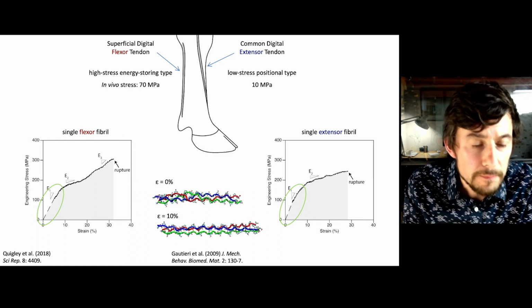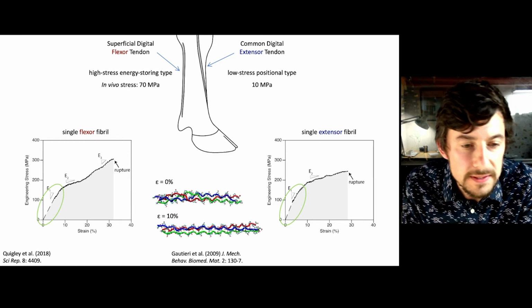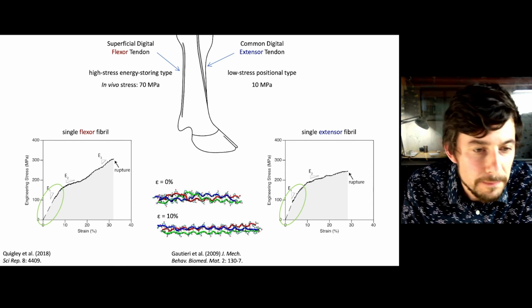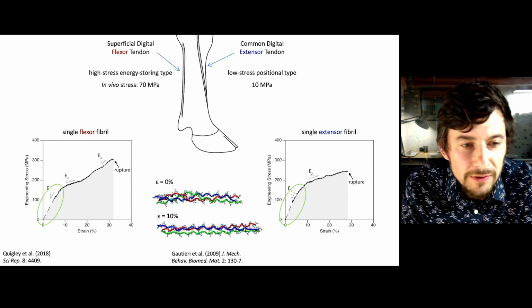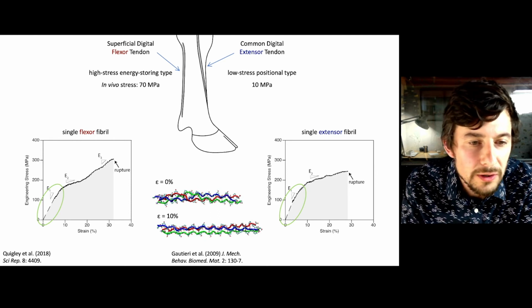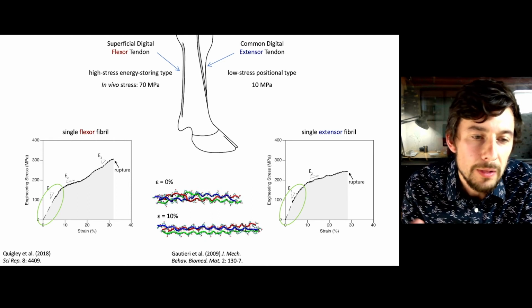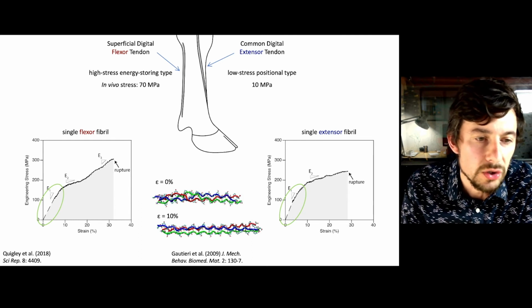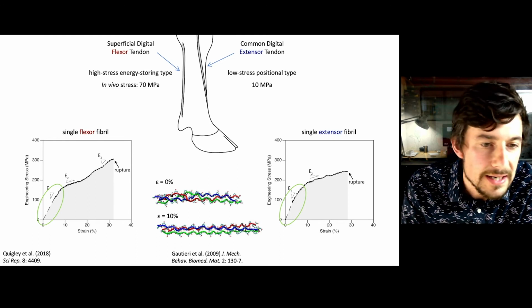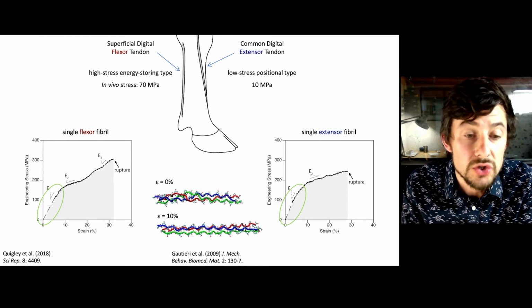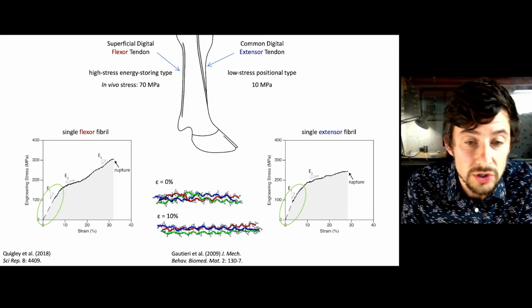And if Marcus is still in the session, he'll be familiar with this little picture from one of his papers here. So Marcus has done some great work showing what happens at the molecular level during initial loading. So we know during this initial phase of loading from 0% strain to 10% strain, extension is largely driven by the straightening out of the collagen triple helix.